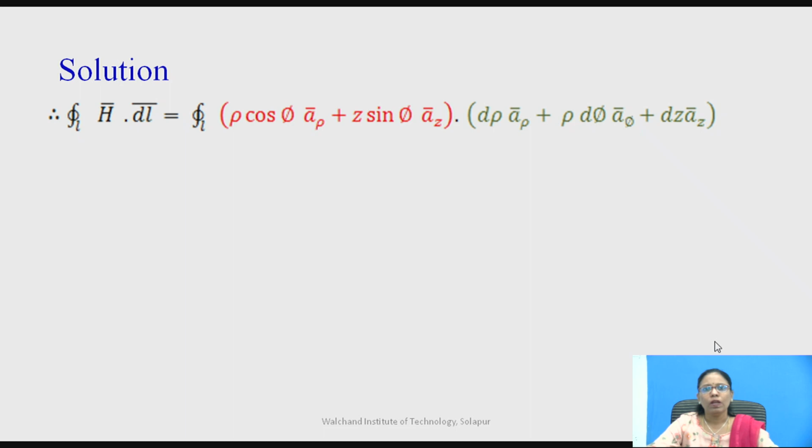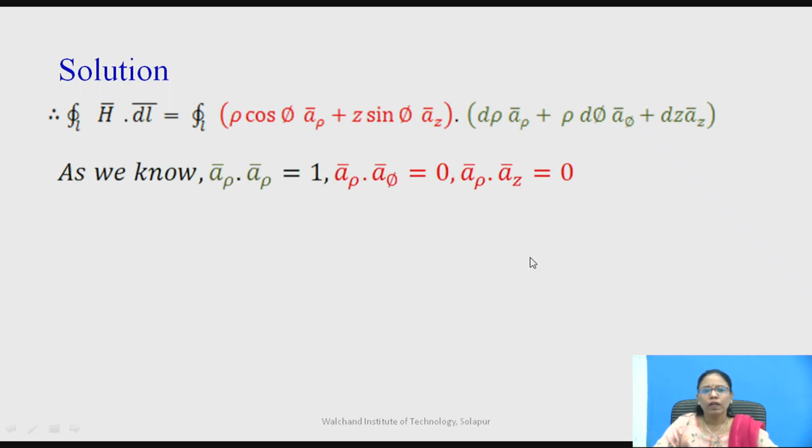Let us proceed further. I'll take the same equation here. As I know now, a rho dot a rho is 1, a self dot product is 1, whereas a rho dot a phi is 0 and a rho dot az is 0. So in short, self dot product is 1, with others it is 0. In the above equation, a rho is here and also a rho is with d rho. The other unit vectors, when dotted with this first term, result in 0, but a rho dot a rho gives 1.